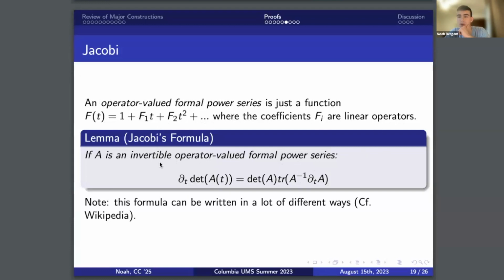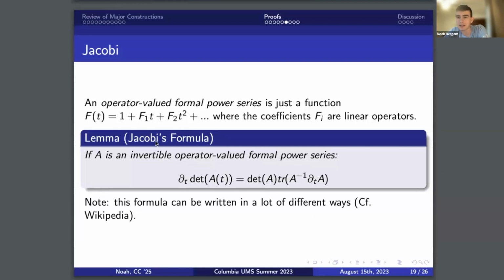If you go to Wikipedia and look up Jacobi's formula, you're going to see like 5 different ways of writing it. Sometimes I think the way Wikipedia shows is using the adjugate, which is the transpose of the cofactor matrix. I think that's kind of an ugly way of writing it. I think the complexity trade-off we have here is that we're talking about formal power series, so I think that's kind of hiding things under the rug.